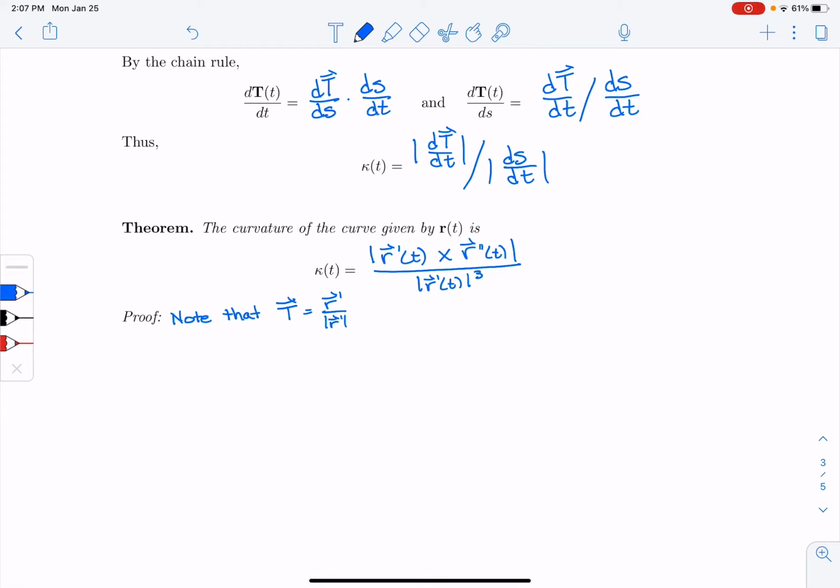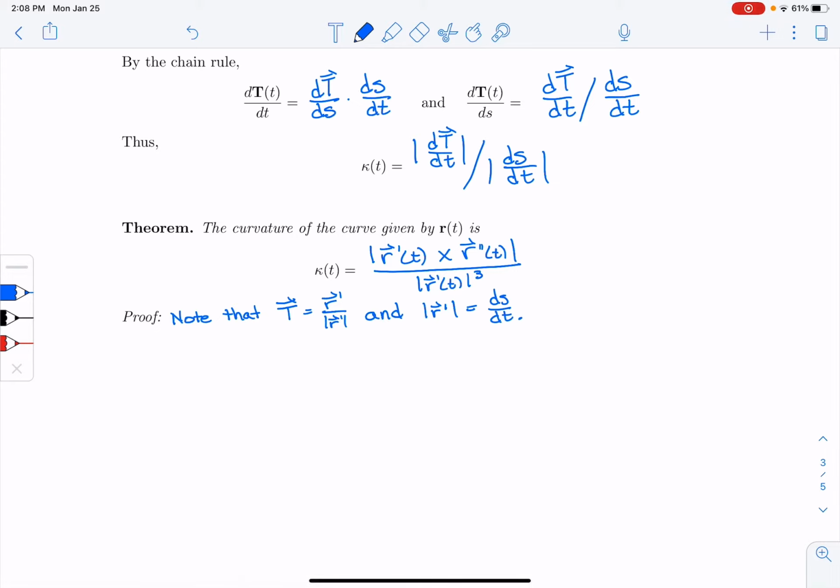And we can think of the magnitude of r prime as being the derivative of arc length with respect to t. Before, we showed that if we integrate the magnitude of r prime, that would give us arc length s. And so the derivative of s is therefore the magnitude of r prime.